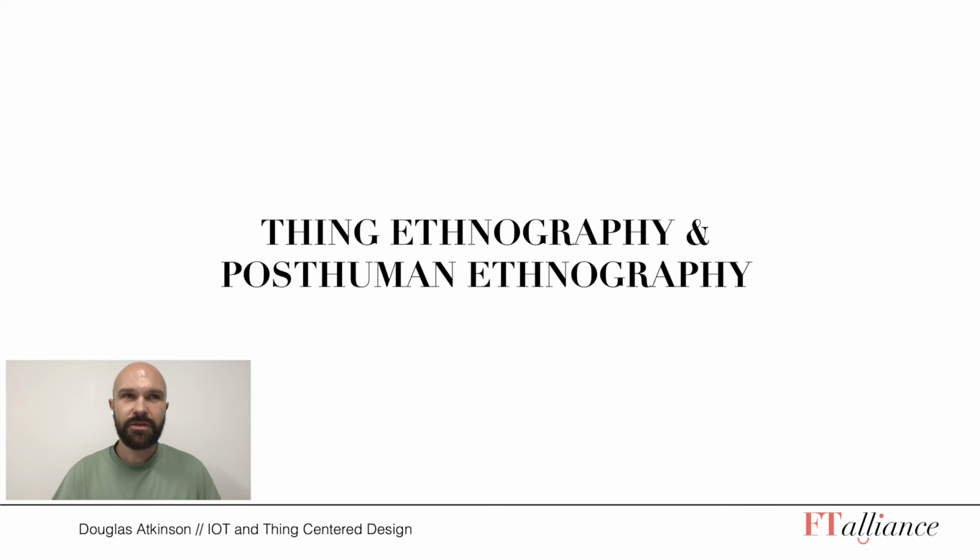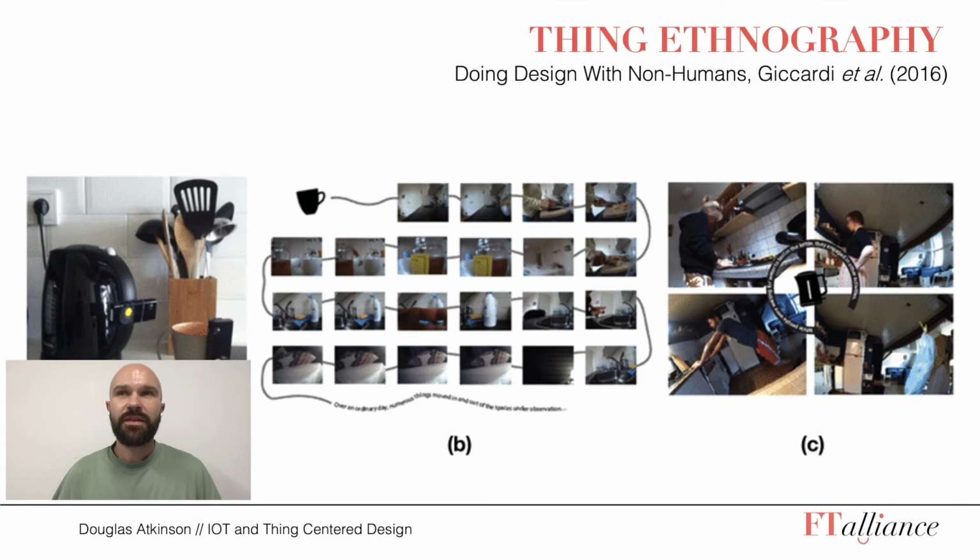But to begin with, I'm going to briefly discuss thing ethnography. So thing ethnography is a term that was coined by a large group of researchers from different universities, led by Elisa Jacquard from TU Delft. Initially, they used visual ethnography methods to look at the lives of everyday household objects. So they equipped objects like kettles and cups and kitchen items with life-logging cameras.